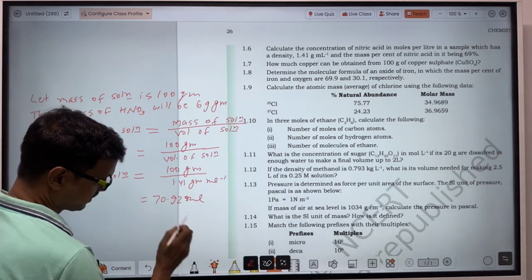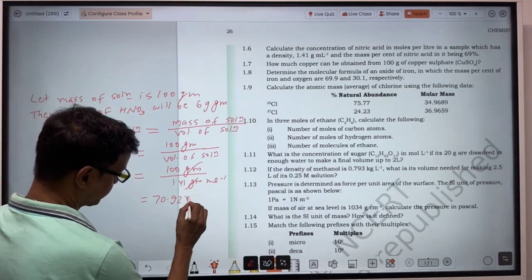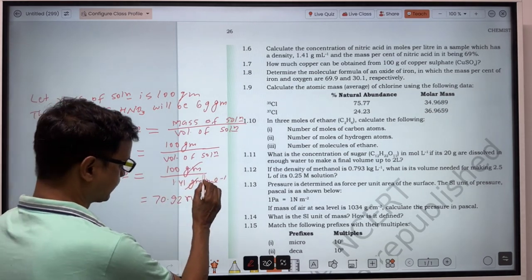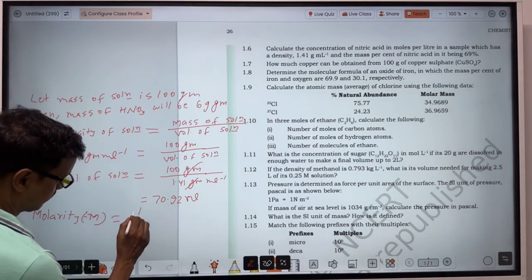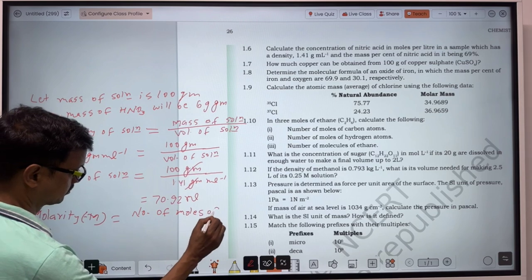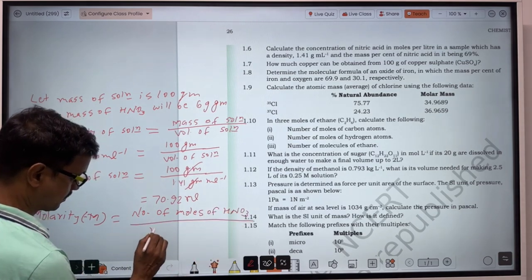Why milliliter here? Because gram will cancel out, and milliliter inverse will go in the numerator, that will become milliliter, that is the volume of solution. Now to calculate molarity, you have to find out the number of moles of nitric acid upon volume of solution.